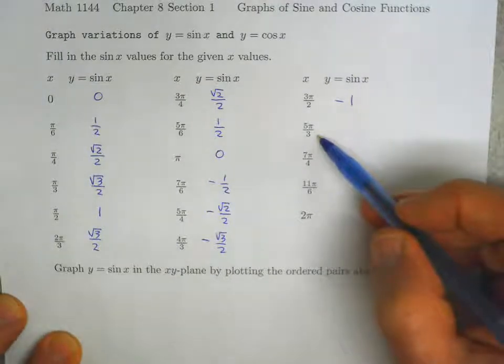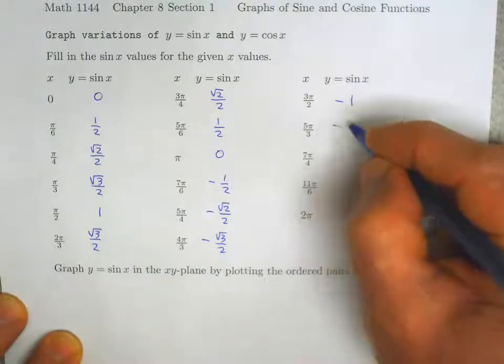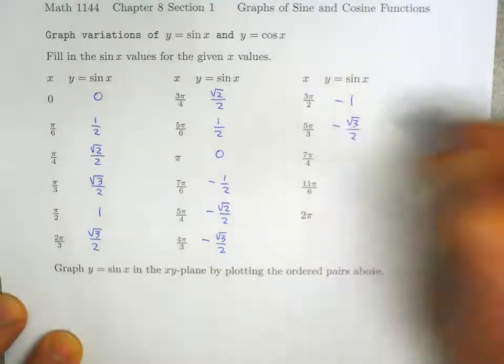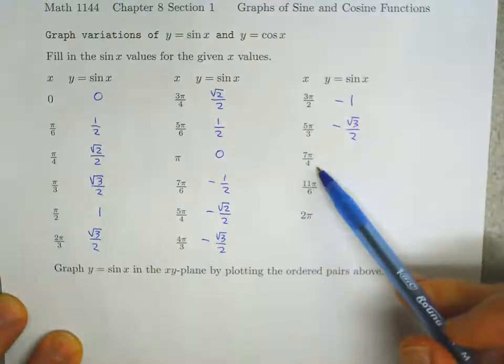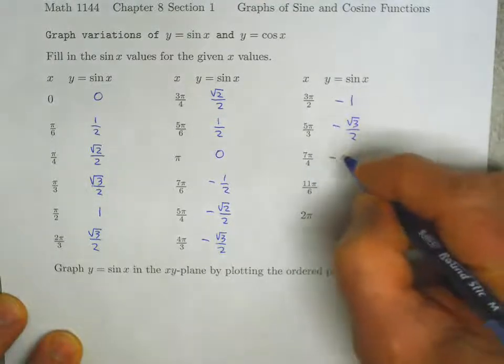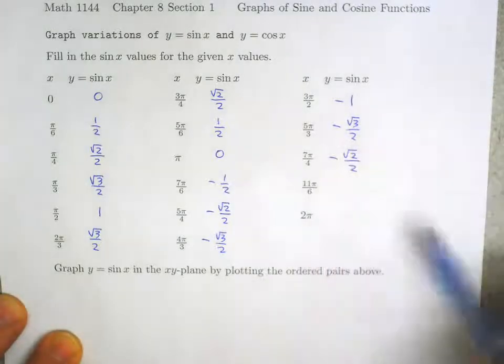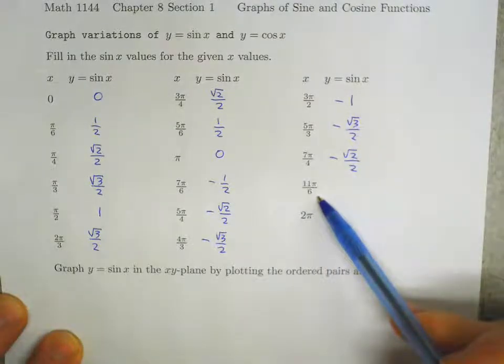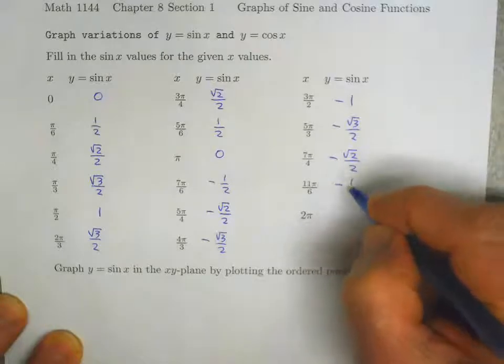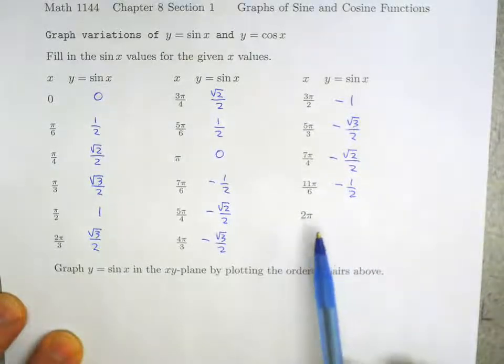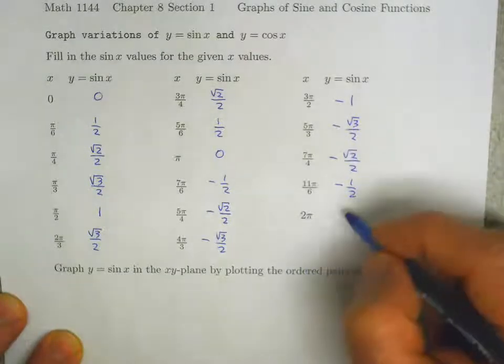Sine of 5 pi over 3 is negative square root of 3 over 2. Sine of 7 pi over 4 is negative square root of 2 over 2. Sine of 11 pi over 6 is negative 1/2. And then sine of 2 pi is 0.